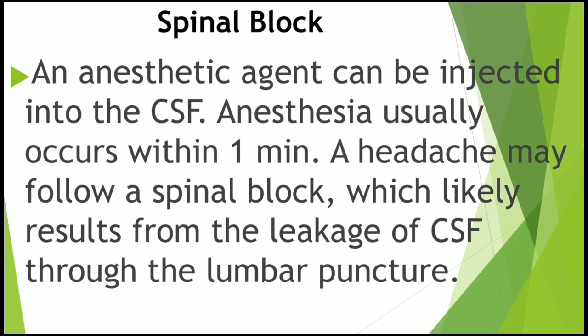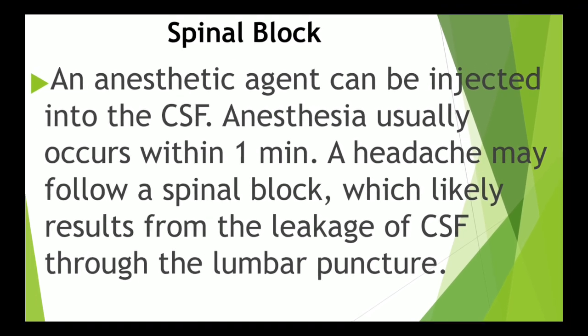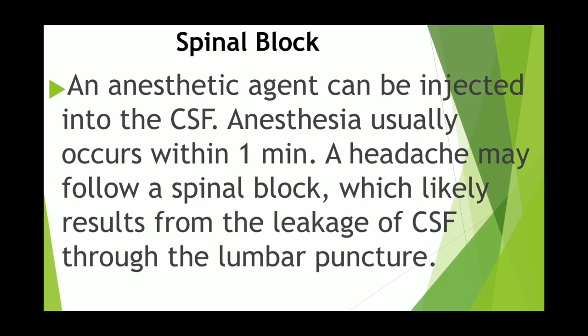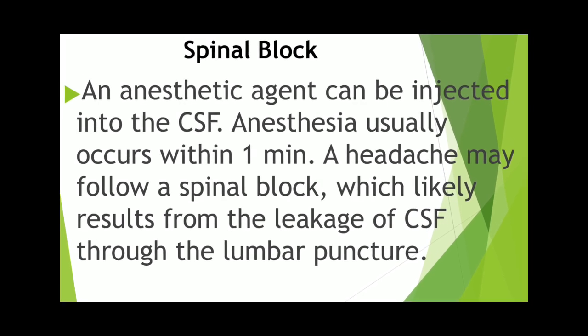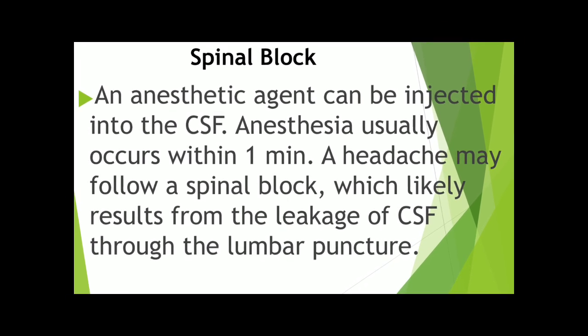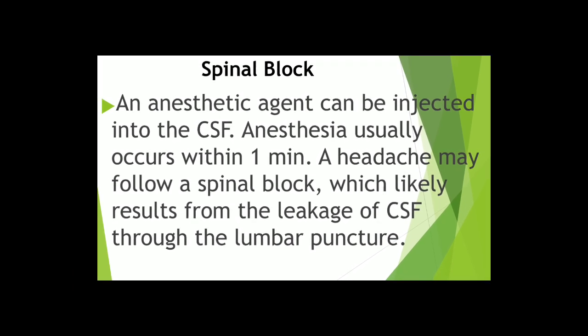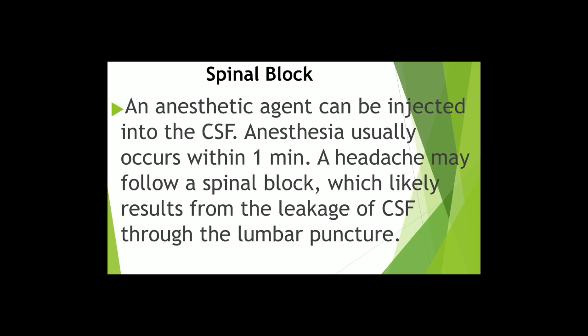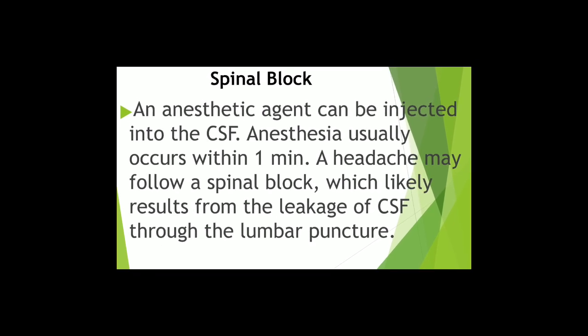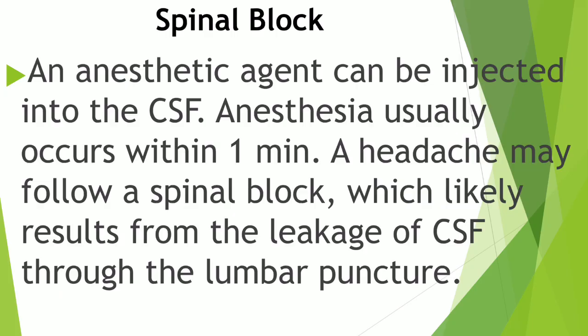An anesthetic agent is injected into the cerebrospinal fluid in the subarachnoid space. So you use a needle. There is a needle that is meant for injecting spinal anesthetic solution. Such a needle is going to be inserted right into the subarachnoid space. You're going to go just the way you went when you were doing lumbar puncture.